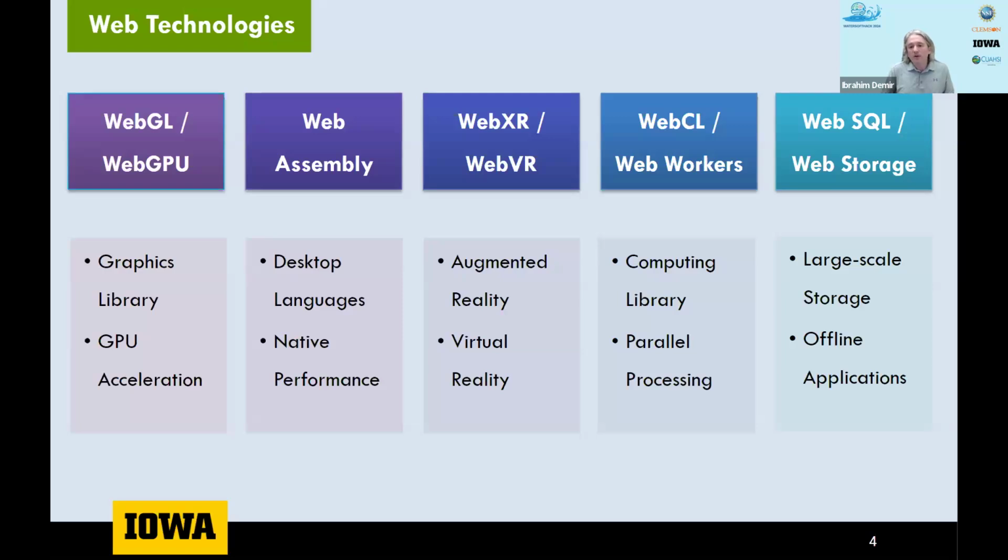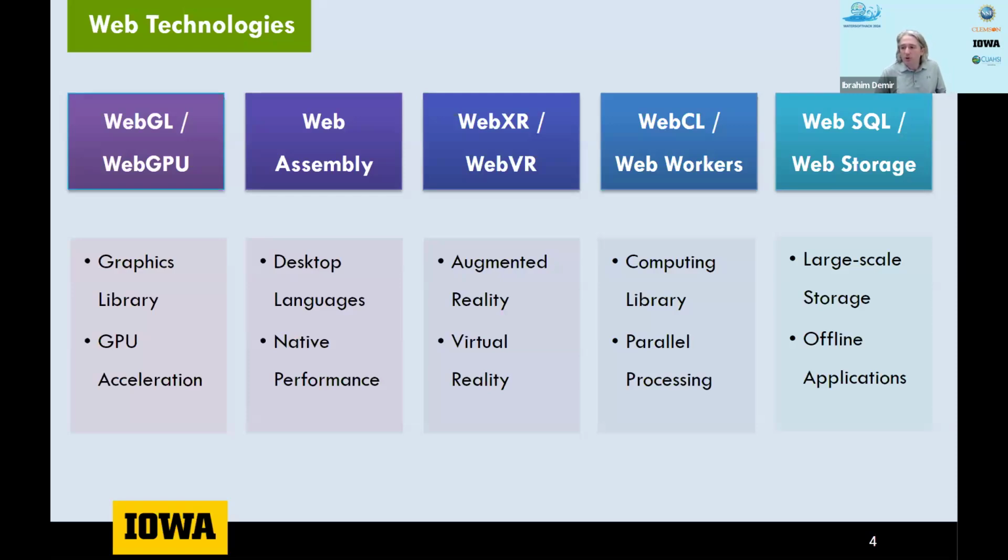WebXR and WebVR allow you to connect with native visualization devices like virtual reality and augmented reality devices, and use them within your web application. Similarly, Web Workers and WebCL allow you to run parallel computing tasks and accelerate your analysis and visualization.